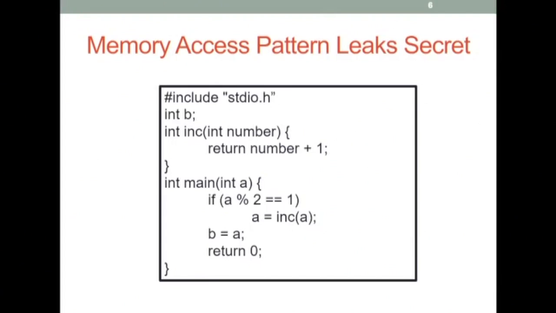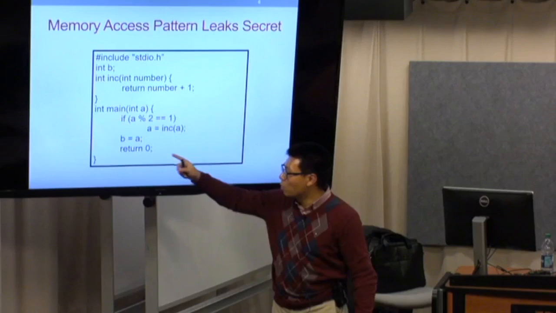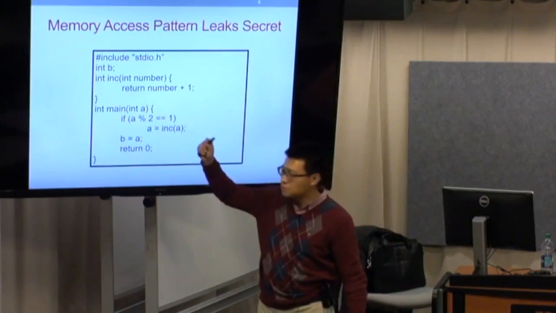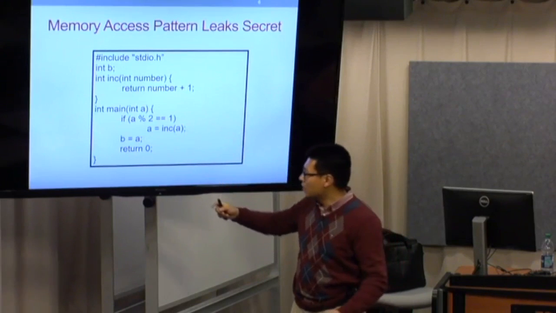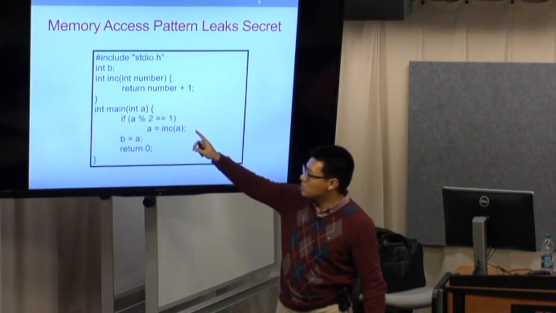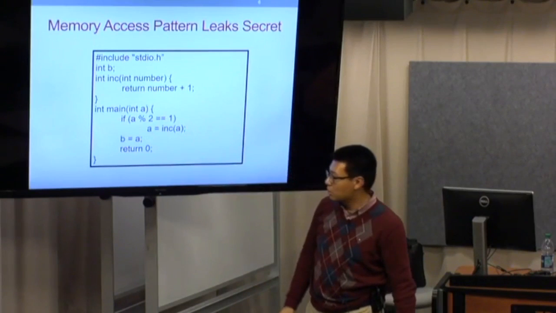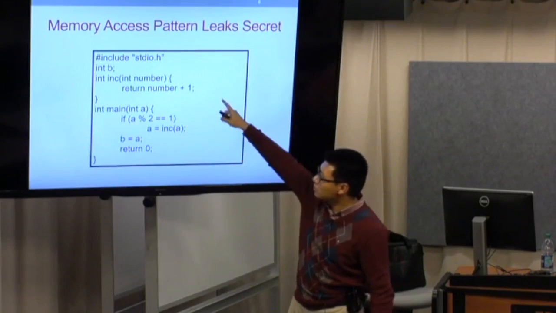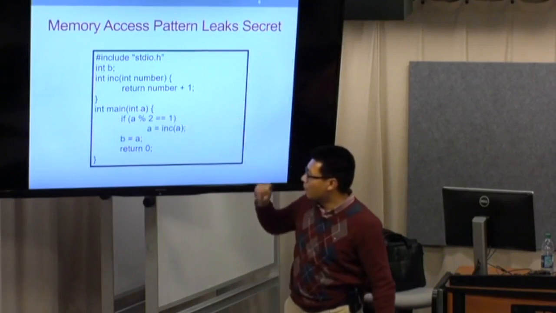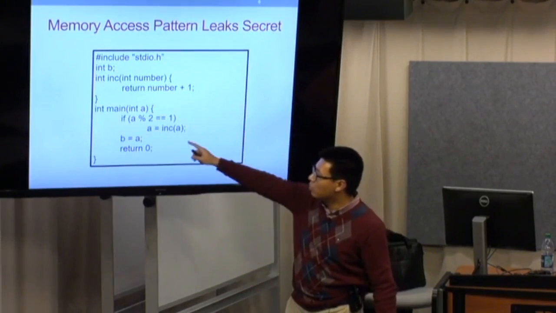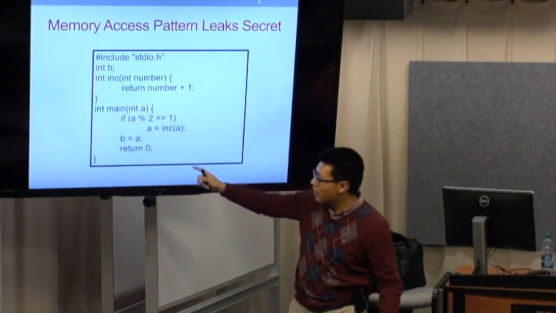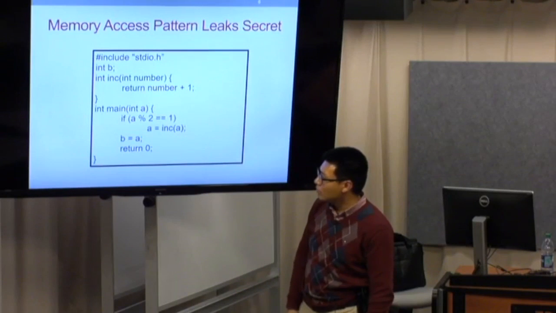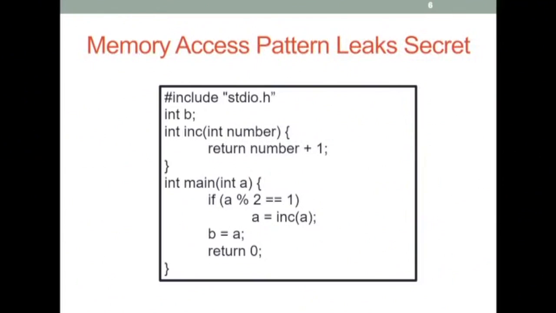The main program takes an integer as an argument, and depending on whether this integer is an odd or even number, a function called inc will be called. This is the function body of inc: a variable b is assigned the value of a, and then it returns 0. Assume that the variable a here is the sensitive information that the attacker wants to learn.